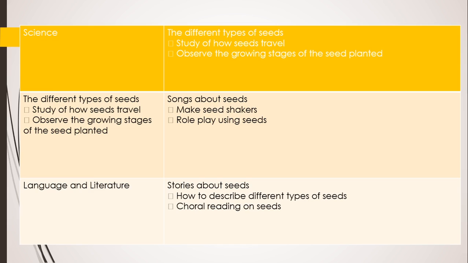There are different types of seeds, a study of how seeds travel, and observing the growing stages of the seed planted. Songs about seeds, make seed shakers, role plays using seeds. Language and literature comes in with stories about seeds, how to describe different types of seeds, and choral reading on seeds.